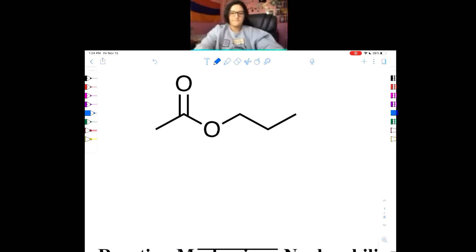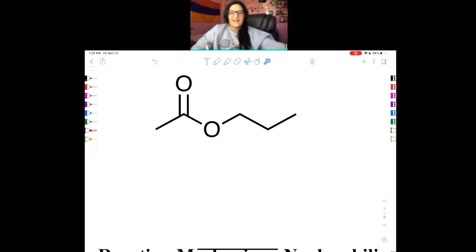When we are naming esters, we always start naming on the side attached to the oxygen. The reason is that the side attached to the carbonyl is our priority group, since it is attached to the carbonyl carbon. And this means that, as always, the priority group is going to have the end of the naming.